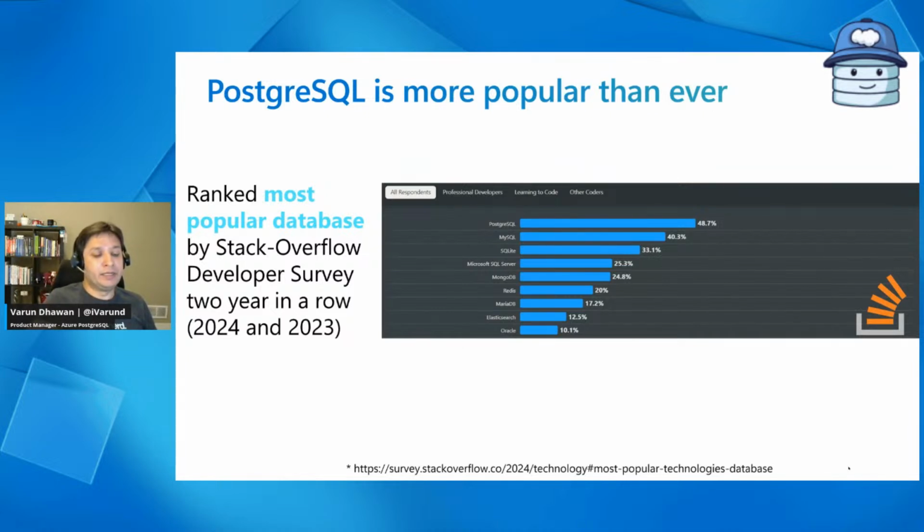It's just the momentum we are seeing with the overall community that builds Postgres, and the amount of effort people are putting into bringing the latest features such as AI into Postgres. It's very humbling to see Postgres doing this well.